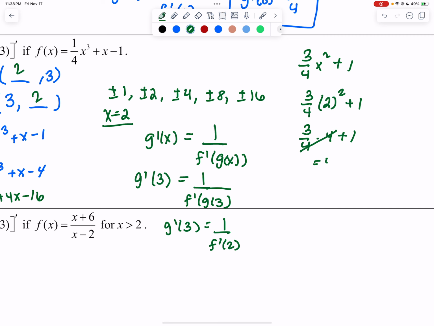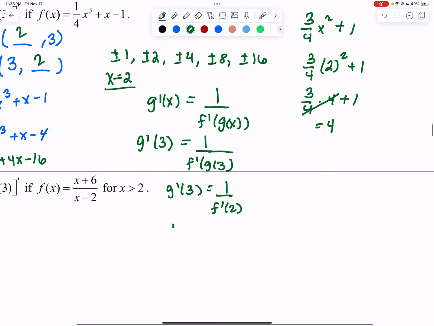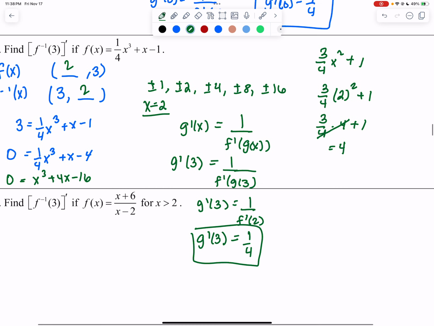And that's going to give me 4. So this is going to give me g prime of 3 being 1/4. Or the inverse derivative of f at 3 is 1/4.